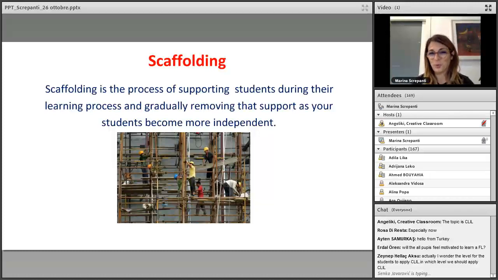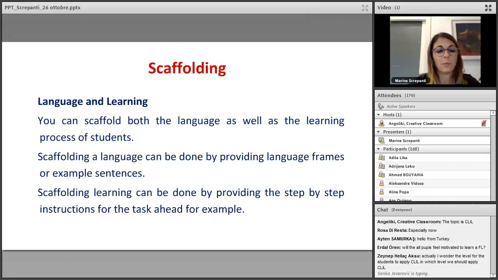Scaffolding, this is very important. Yes, we have to support students during all the learning process. And when we plan a lesson, we have to predict the scaffolding, the language scaffolding, and the cognitive scaffolding students can need.